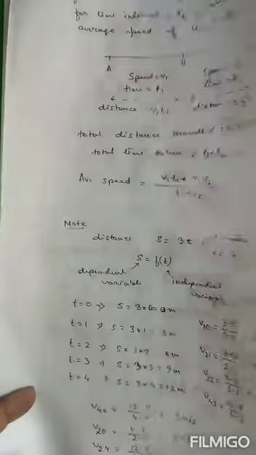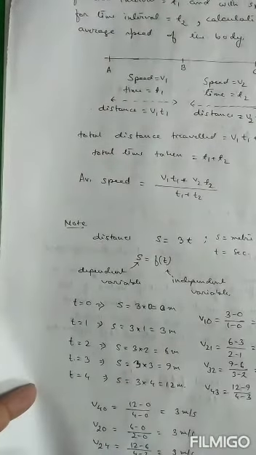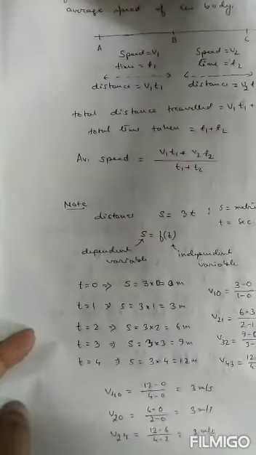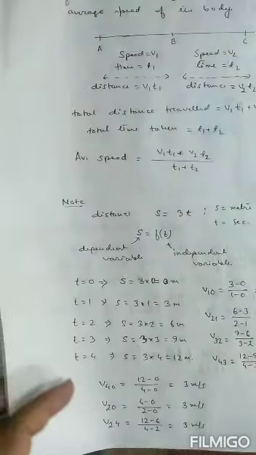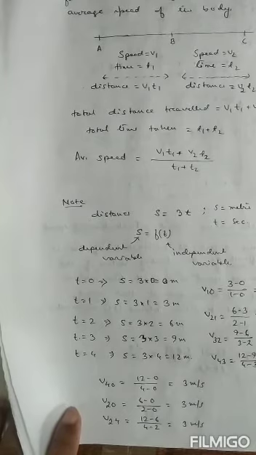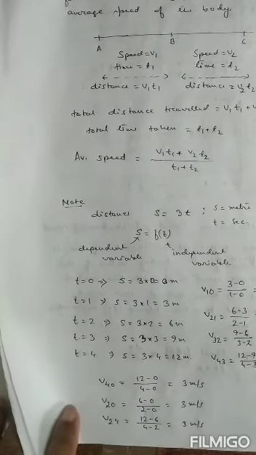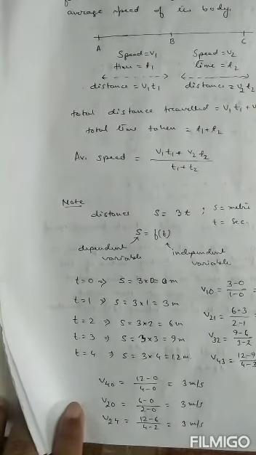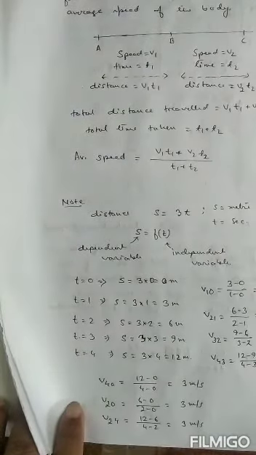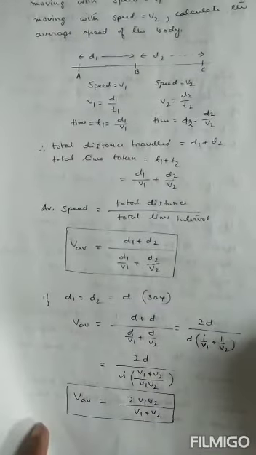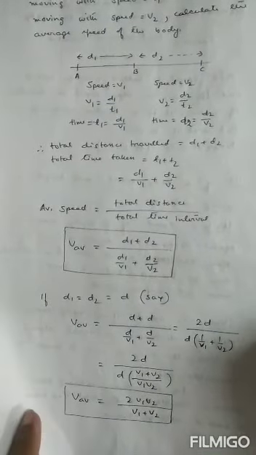If a body covers equal distance in equal intervals of time, the speed of the body is said to be uniform speed. Or if a body covers different distances in equal intervals of time, the speed of the body is said to be variable or non-uniform speed. And in case of non-uniform speed, the ratio of total distance divided by total time taken is called the average speed.